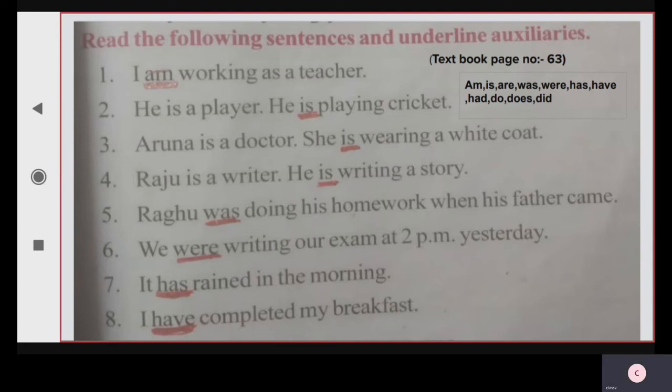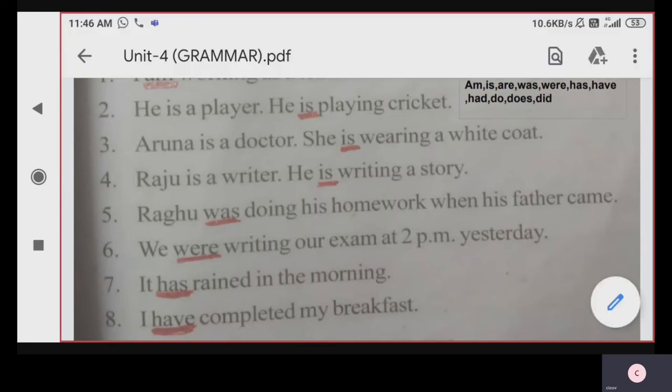Let's look into the second sentence now. She is wearing a white coat. In this, the word is used before the word wearing, which is a main verb. Thus, the word is here appeared as an auxiliary. So, kids, underline the word is, which is used before the verb wearing.